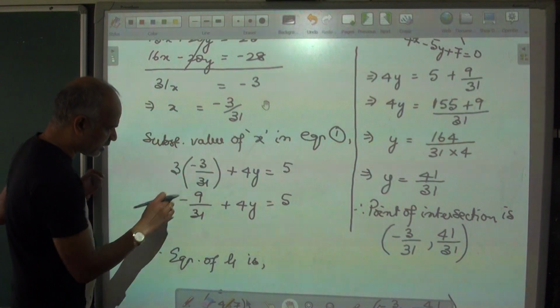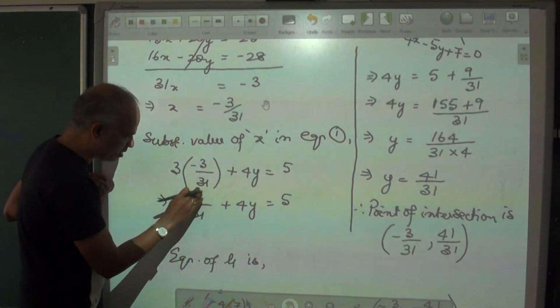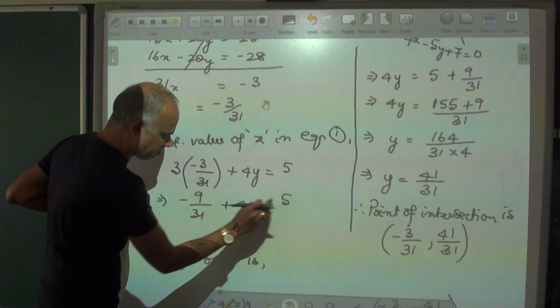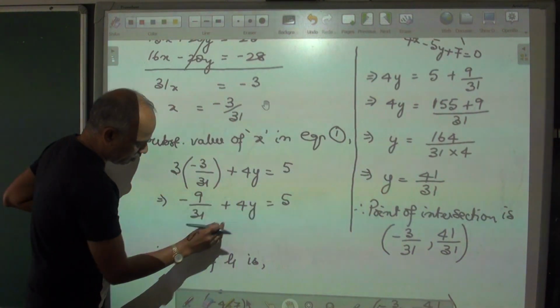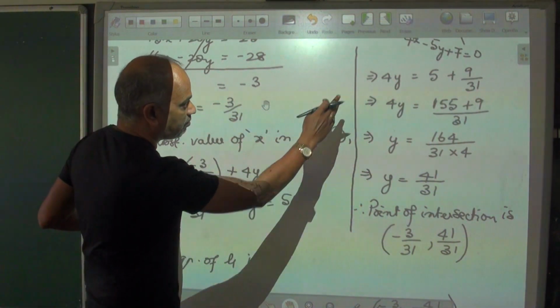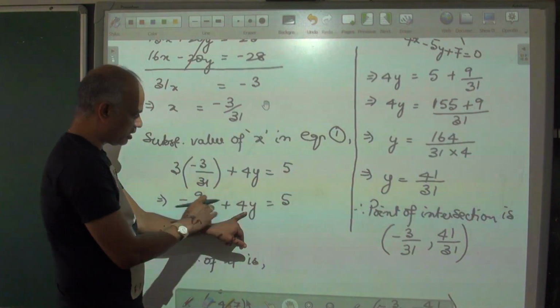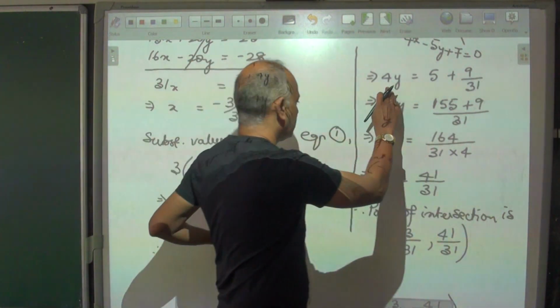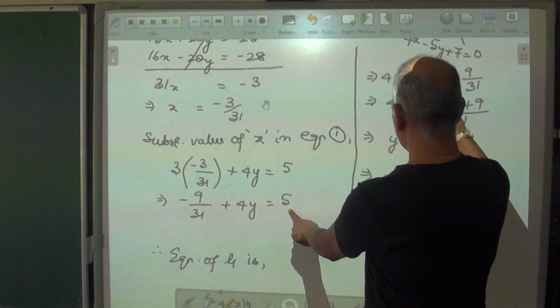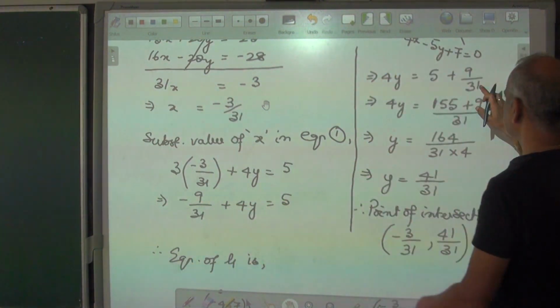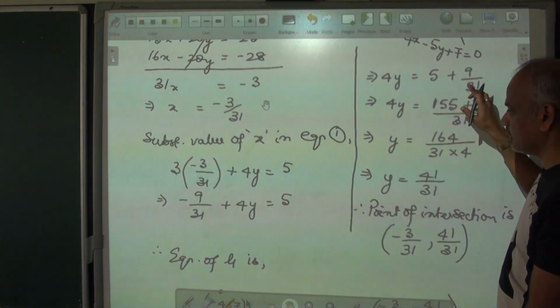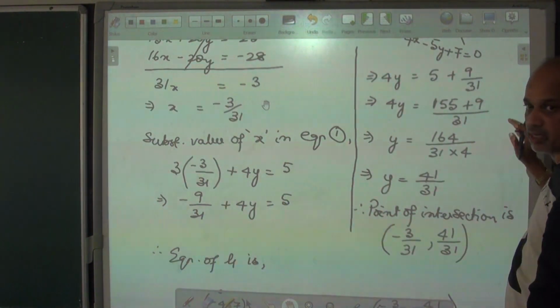Multiply the 3 inside: minus 3 into 3 is minus 9 by 31, plus 4y is equal to 5. Keep the 4y on this side and shift the other term to the other side. 4y is equal to 5 plus 9 by 31.